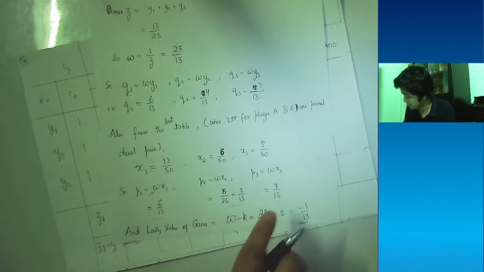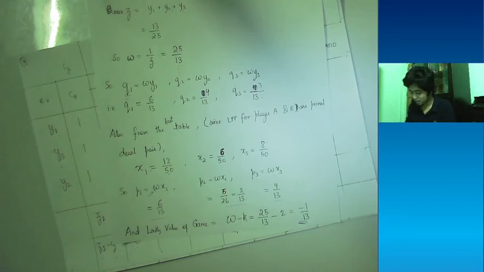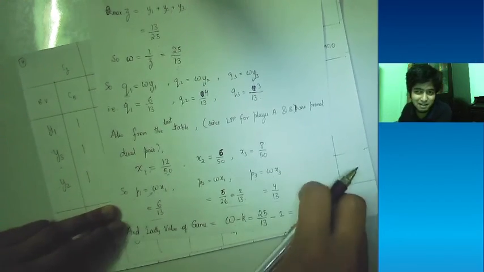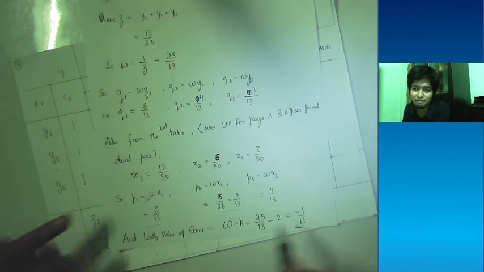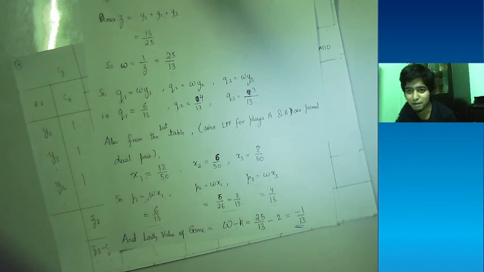So the value of the game is minus 1 by 3. Because it is a negative value, we can easily say that this game we had from the very beginning is favorable for player B. B will earn a profit because it is a negative value. I hope that is clear. Until next time.